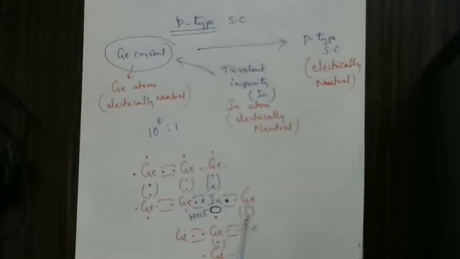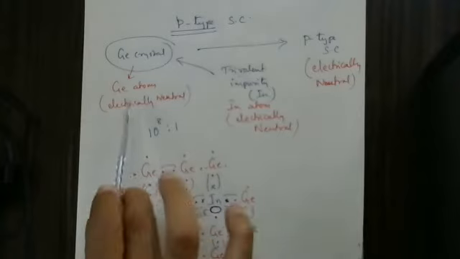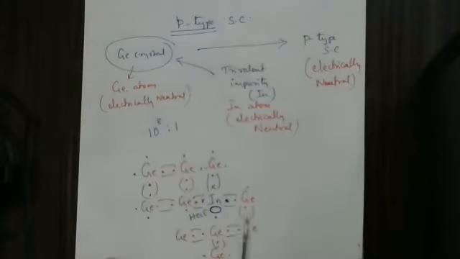Now coming back to the summarization of this particular aspect. To a germanium crystal, if you are adding an indium atom, which is a trivalent impurity containing 3 valence electrons, the 4th valence electron is not present with the indium atom, hence it produces a hole, which means a deficiency of an electron.